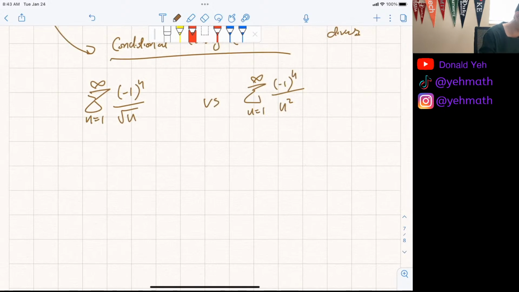So the first one is what? Conditional. Why? Because it passes the AST, the alternating series test. Then if you take the absolute value of it, it's a p-series with p less than 1, so it diverges, so it's conditional. Does that make sense? Asim says it makes sense.